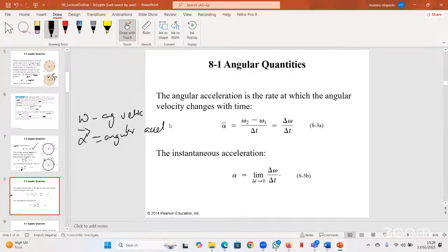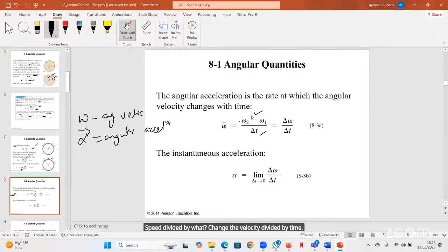That is our alpha. So in order to get acceleration, it will be change in velocity divided by time.